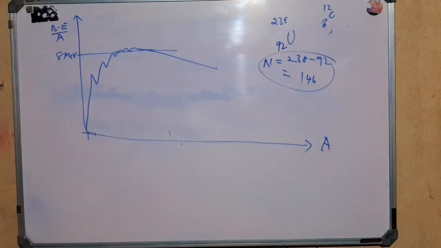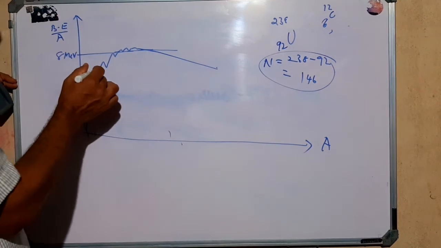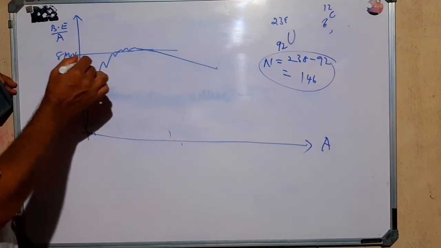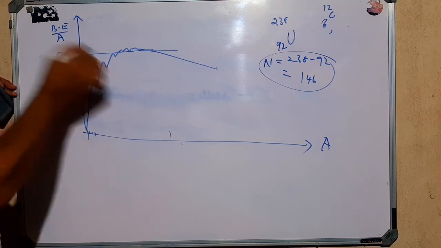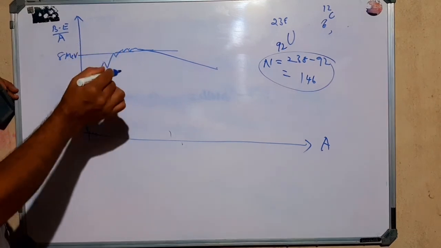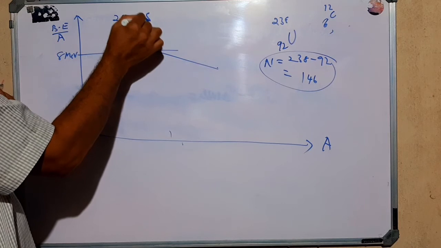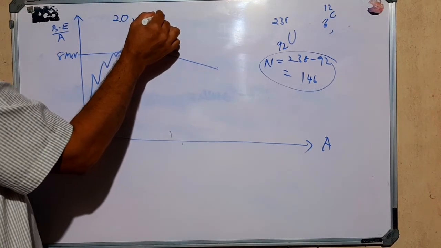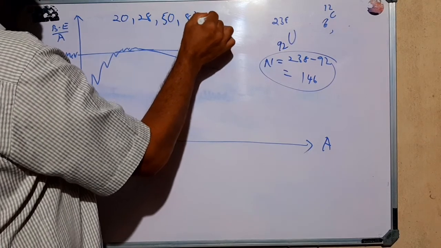Okay. Now, I told you that at certain mass numbers we are observing less prominent peaks. These peaks are observed at 20, 28, 50, 82 and 126.